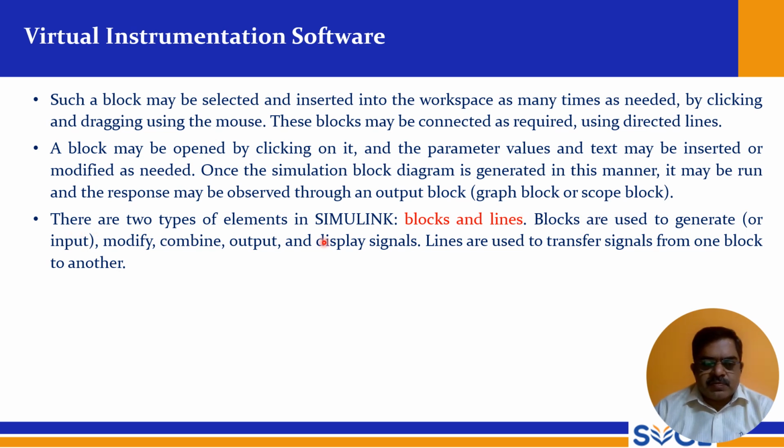There are two types of elements in Simulink. One is blocks and the other is lines. Blocks are used to generate or input, modify, combine, output, and display signals. Lines are used to transfer signals from one block to another. So these are the two elements in Simulink.